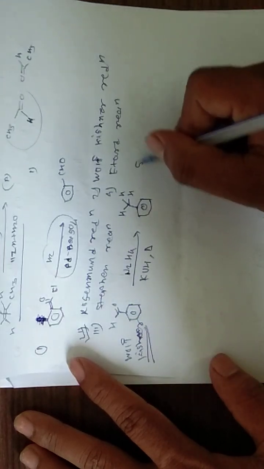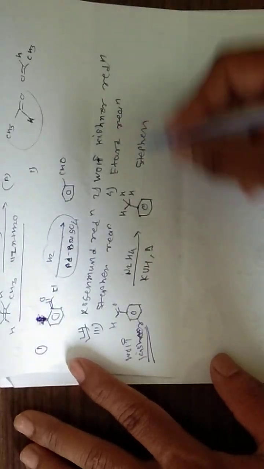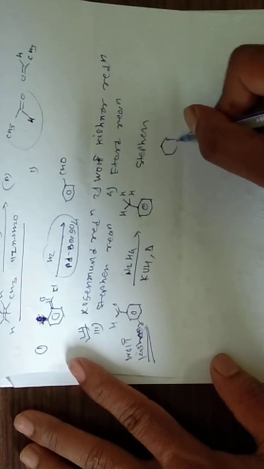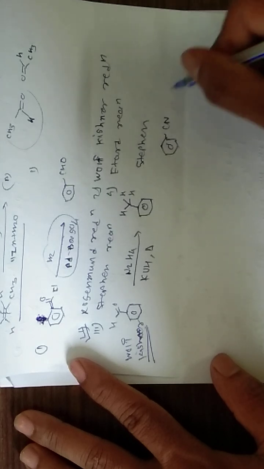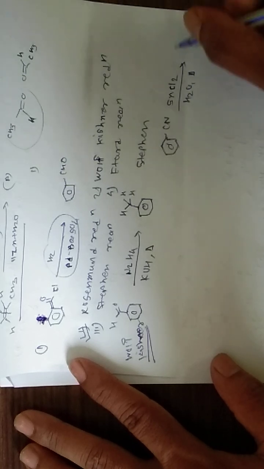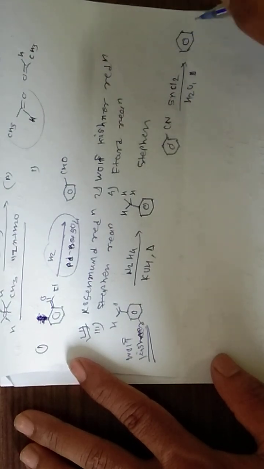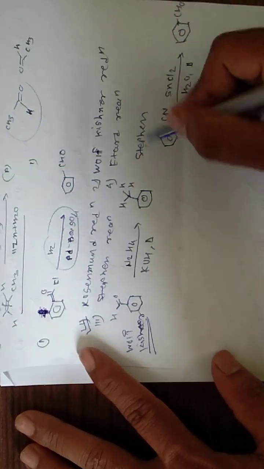Now the Stephen. What is Stephen reaction? Cyano group attached to benzene is reduced to benzaldehyde by SnCl2, HCl, then H2O and heat. This is the Stephen reaction.